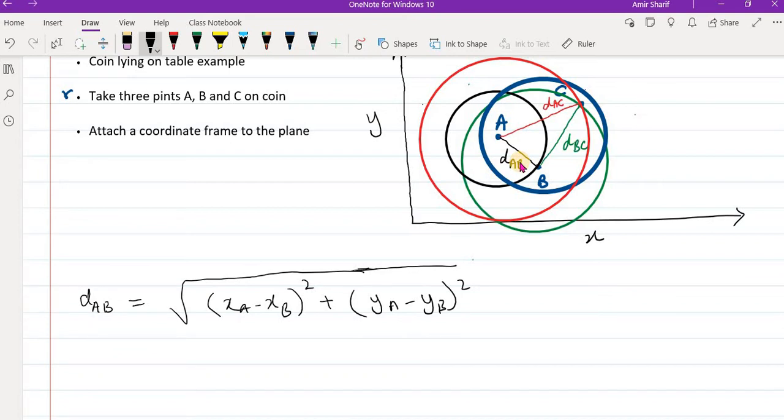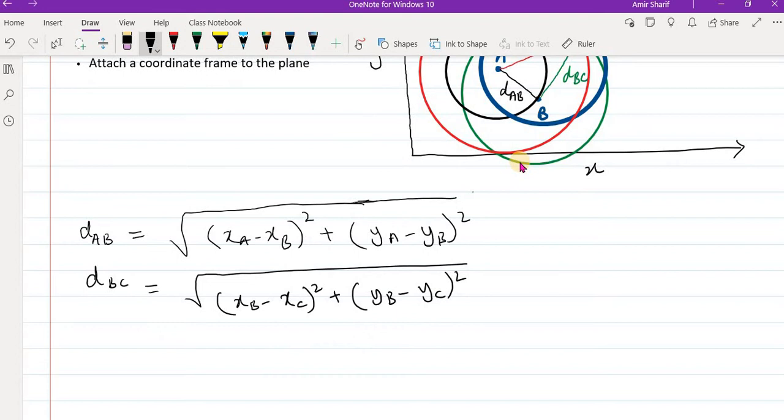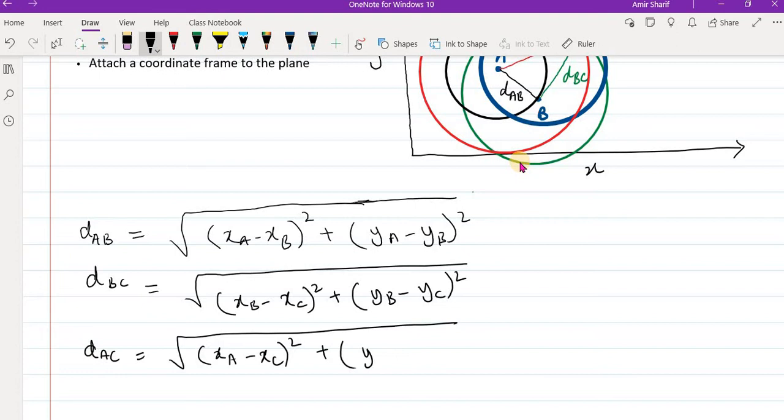And similarly, we can calculate the distance DBC: XB minus XC square plus YB minus YC square. And the third distance is DAC: XA minus XC square plus YA minus YC square.